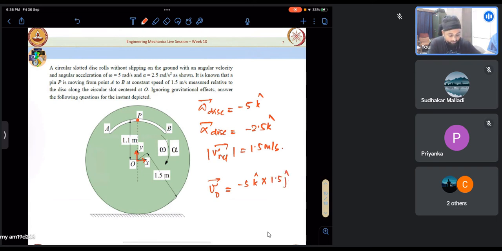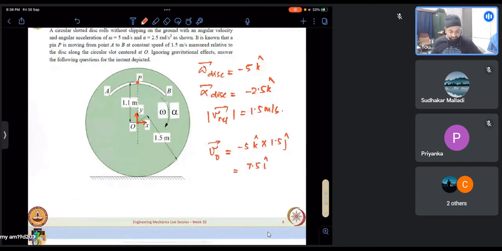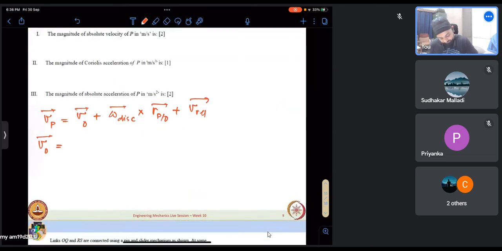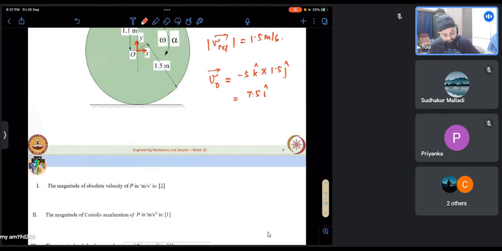So this will come to 7.5 i, moving towards the right. So this is 7.5 i cap. So velocity of P, we can take it to be 7.5 i plus the disk is rotating with minus 5k cap cross RP.